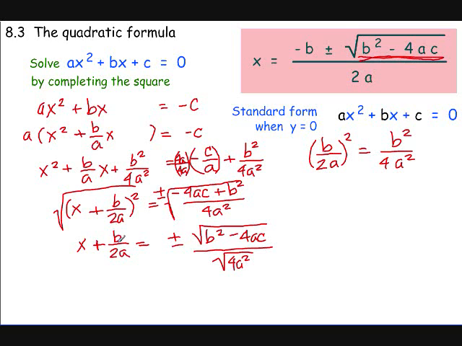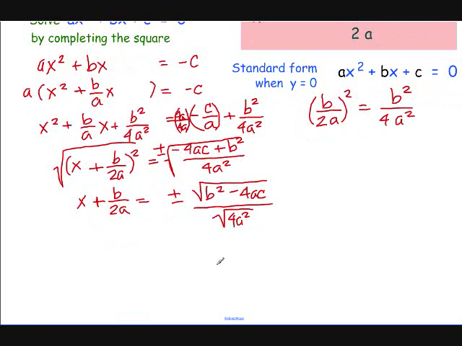So I'm going to subtract B over 2A. And that's going to be plus or minus the square root of B squared minus 4AC.